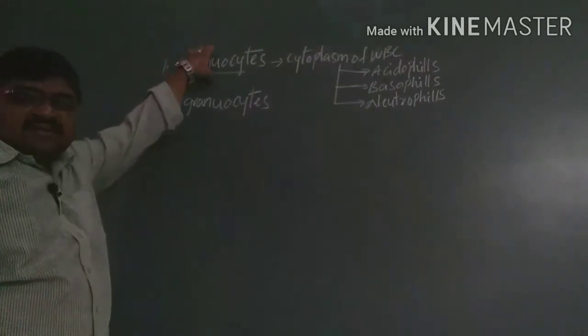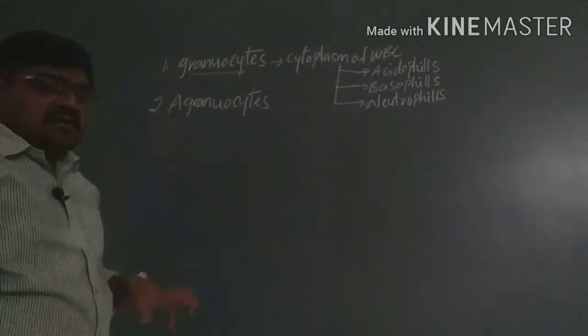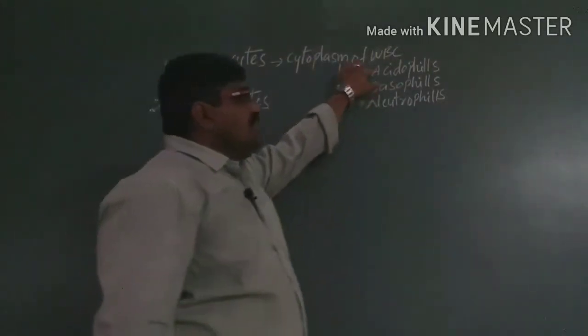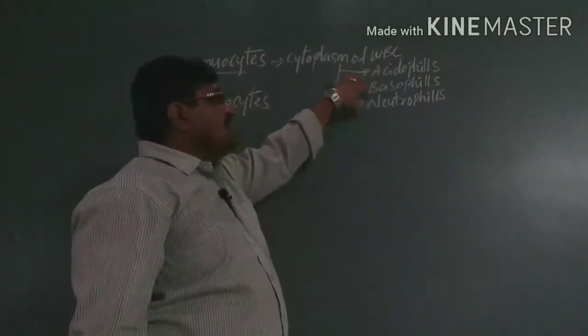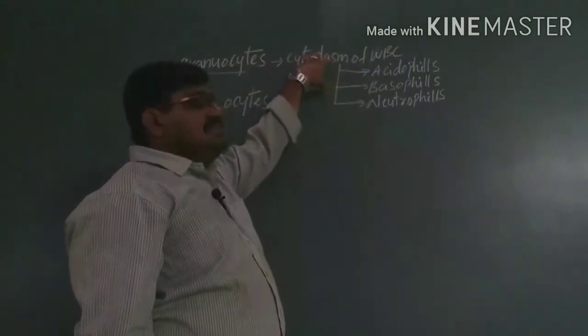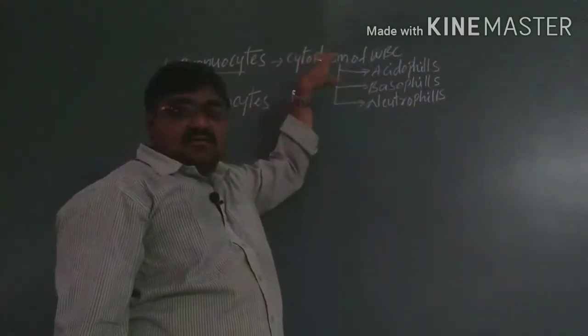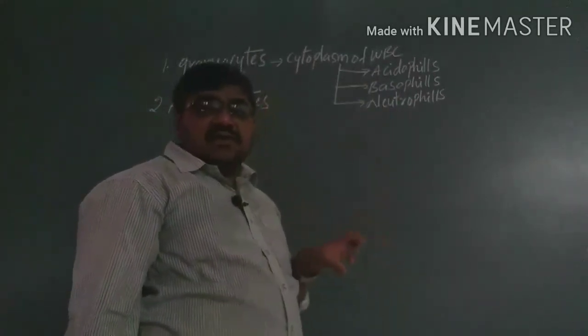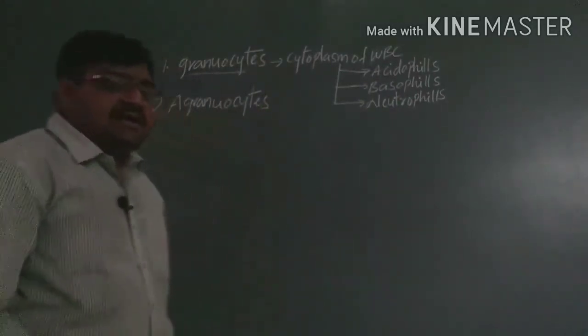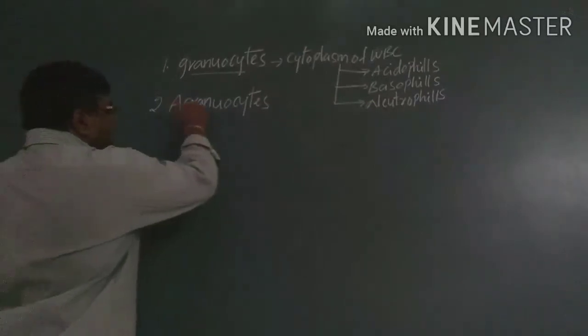The granulocytes are of three types: acidophils, basophils, and neutrophils. Next, the second one, agranulocytes.